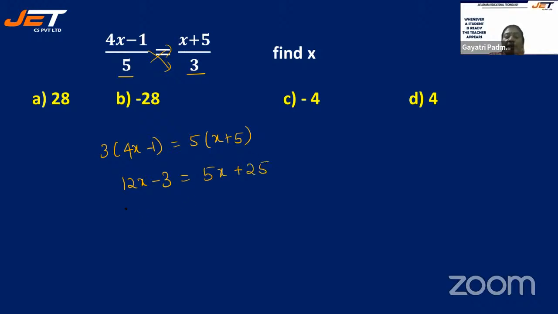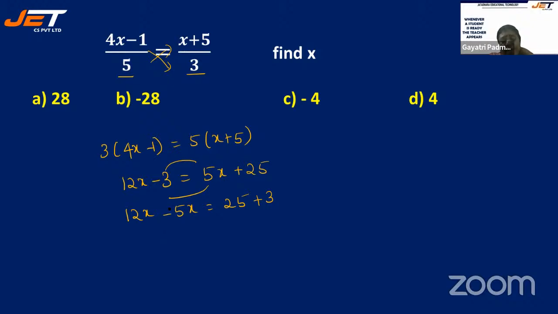Now bring all the x to one side. So 12x, when this 5x goes to the other side, becomes minus 5x. And after equal to is 25, when this minus 3 goes to the other side, it becomes plus 3. All right.